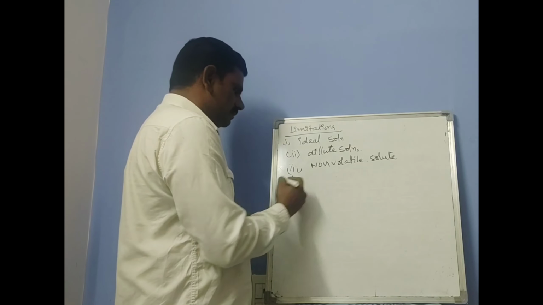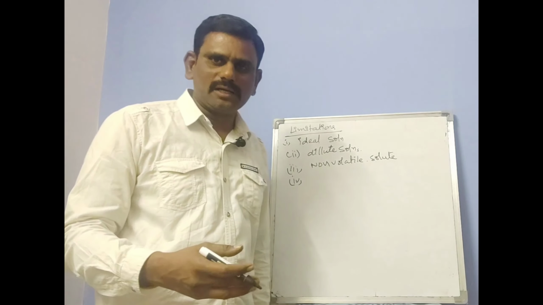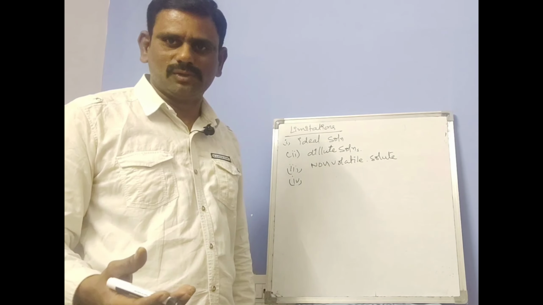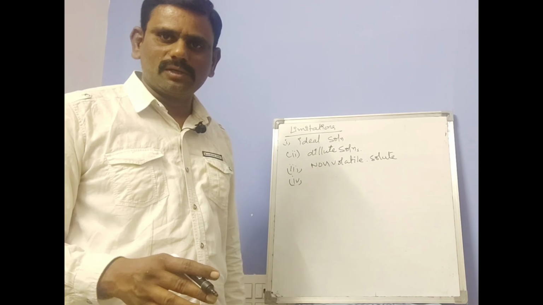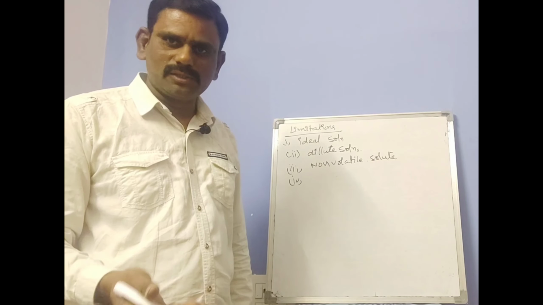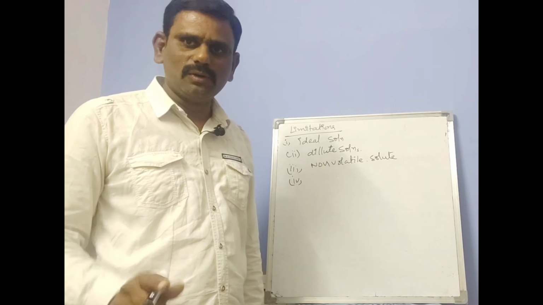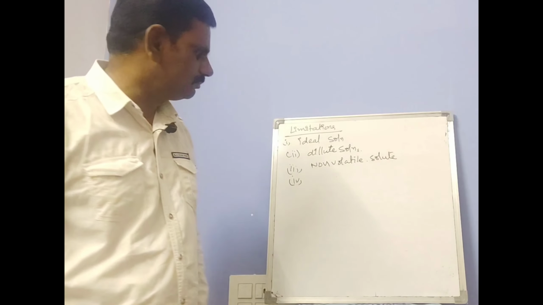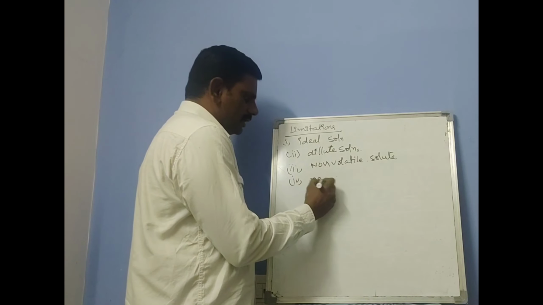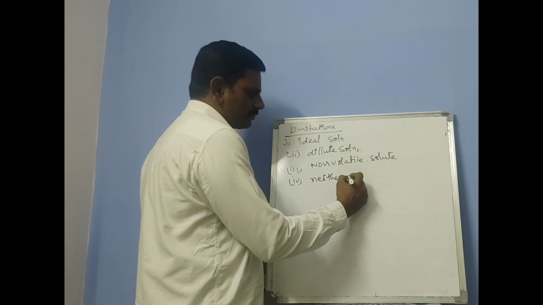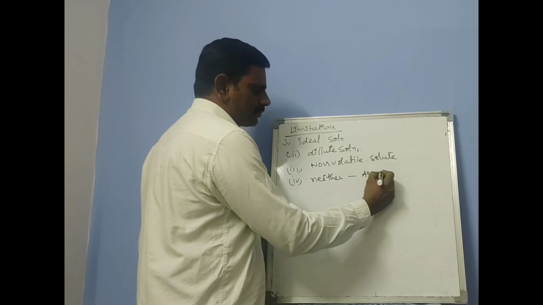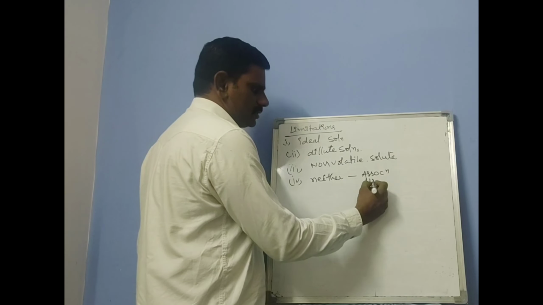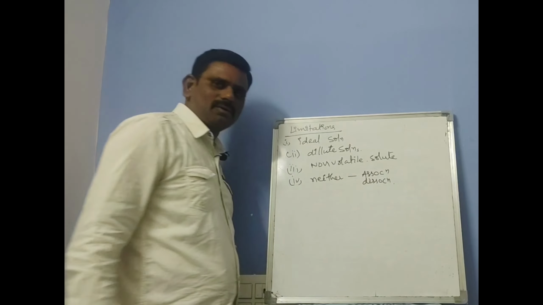And the fourth one is, whatever solute we add to the solvent for getting the solution, that solute undergoes neither association nor dissociation. Then only Raoult's law is applicable. These are the limitations of Raoult's law.